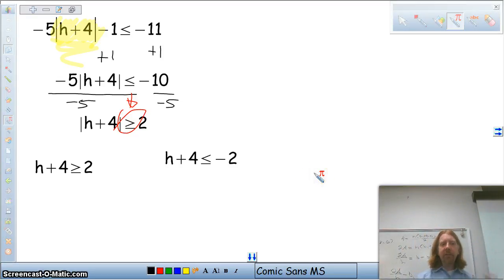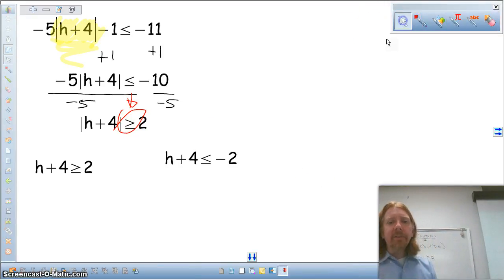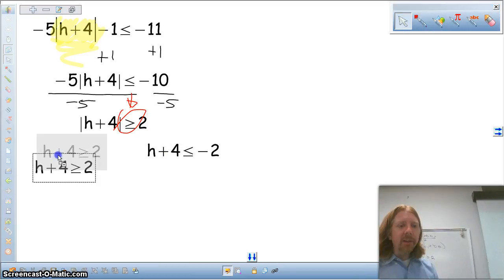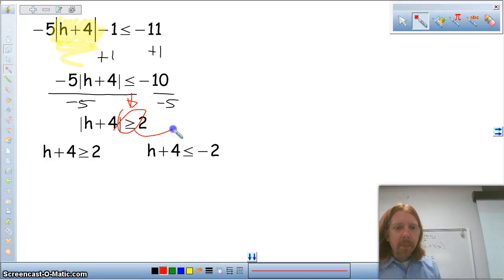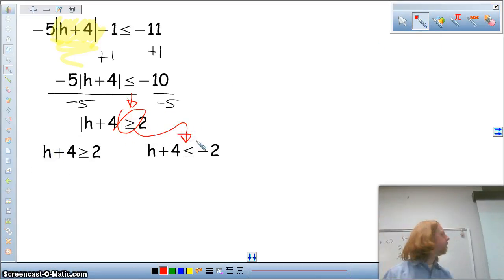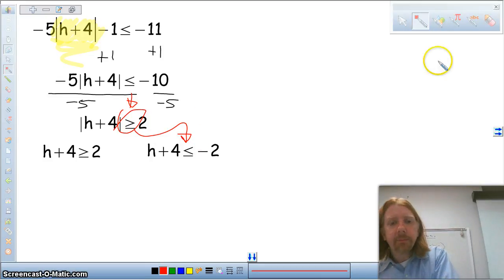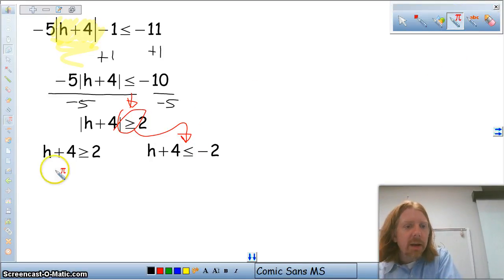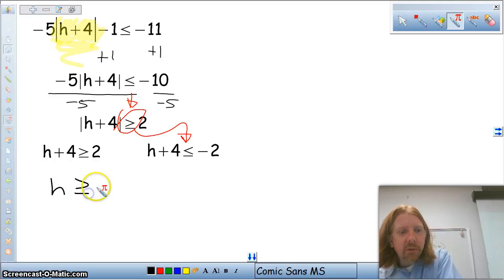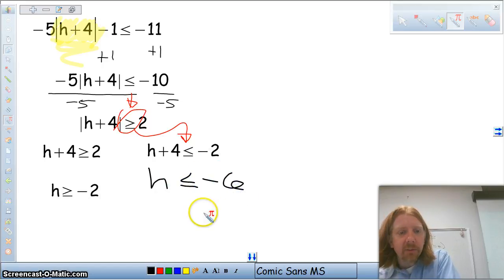One of those two cases has to be true, and the negative case always has a flipped inequality again. So now I've flipped it around. Now I can finish the problem: subtract 4 from both sides, so I have h is greater than or equal to -2, or h is less than or equal to -6.